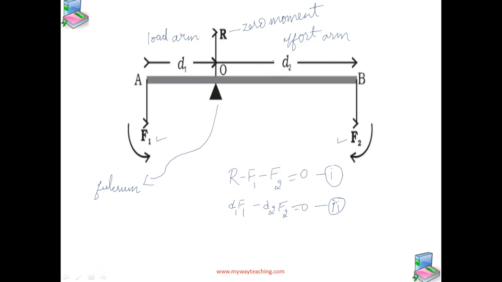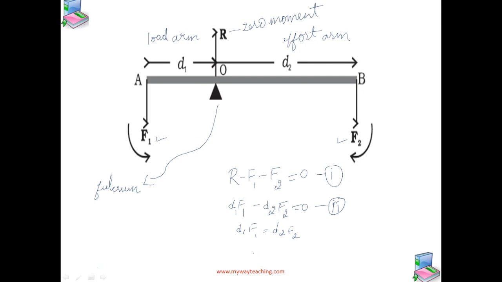So we can write this equation as d1 F1 is equal to d2 F2. Load arm times load is equal to effort arm times effort. This expresses the principle of moments for a lever.